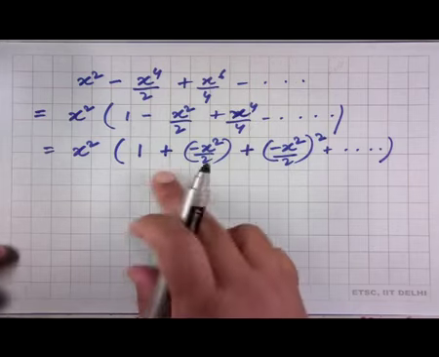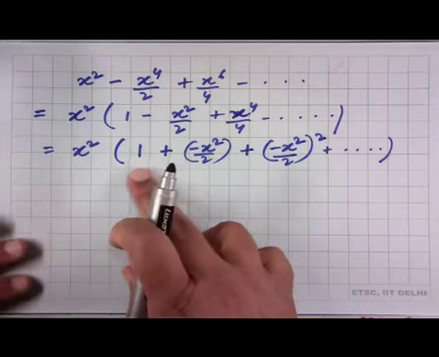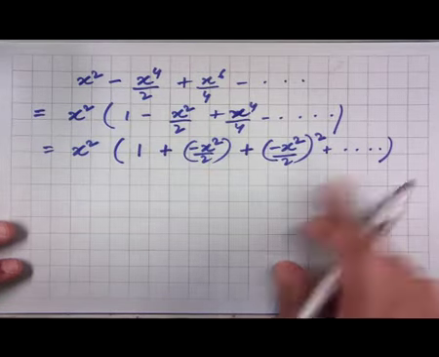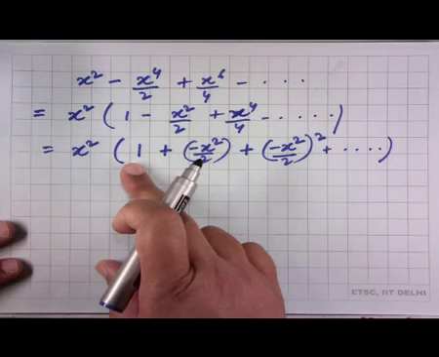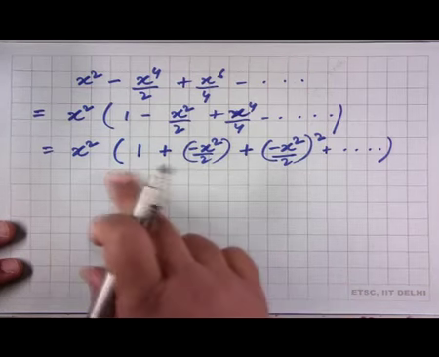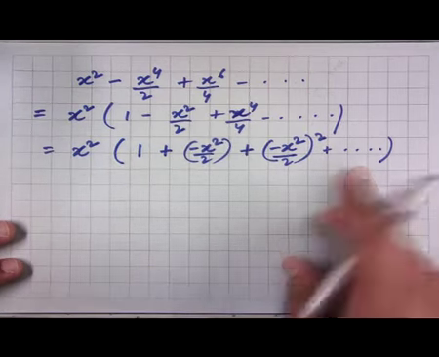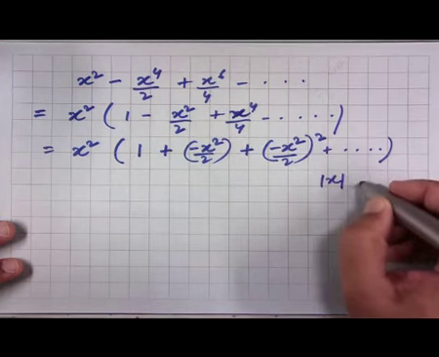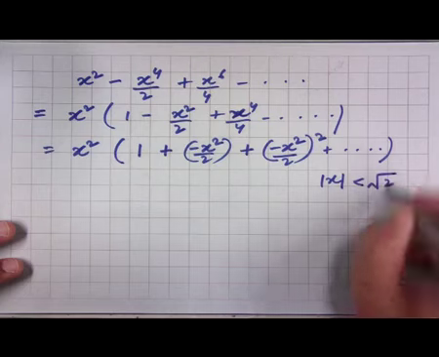So, even in this case we see that there is again another geometric progression, but we still need to find out whether this infinite sequence is also going to converge or not. Now, we are given that mod of x is less than square root of 2.